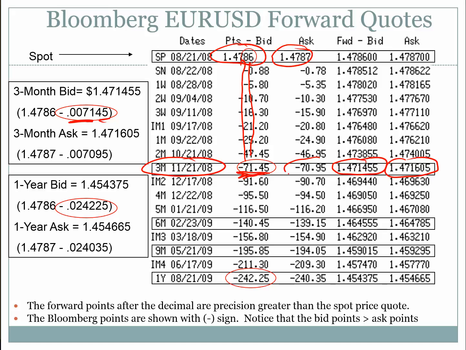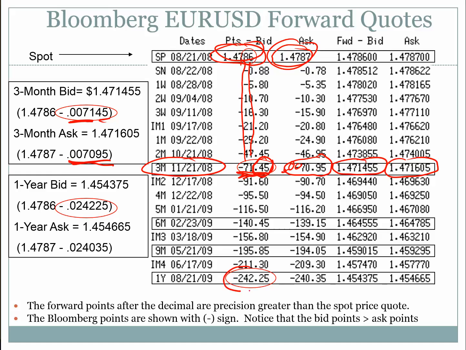And then to subtract 70.95 swap rates or points from this ask, I need to subtract 0.007095. So again, what's after the decimal in the forward points is actually referring to more precision, more decimal places than what the spot is showing.